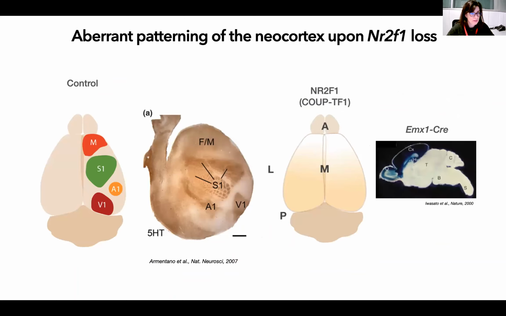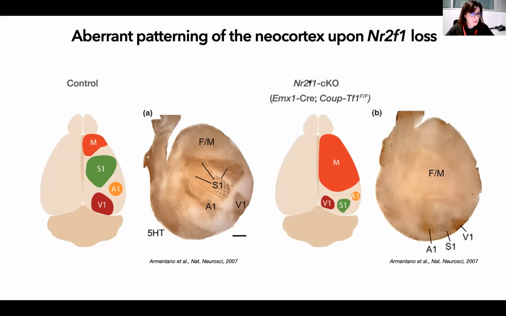For this, what we did was to delete exclusively in the telencephalon, with the help of the EMX1-Cre mouse, one cortical patterning gene that is typical for development, which is COUP-TF1, also known as NR2F1.